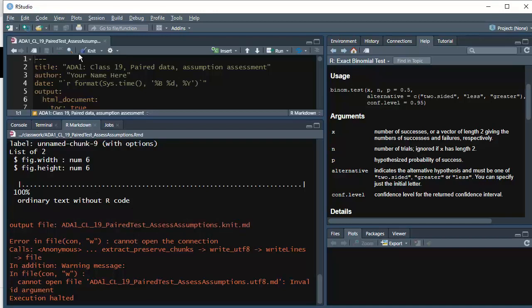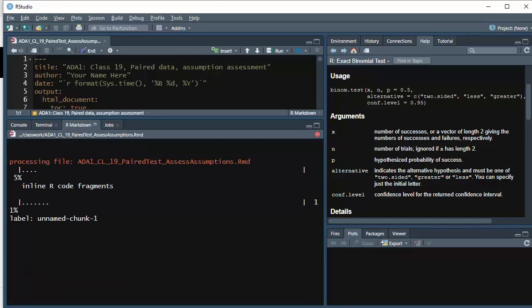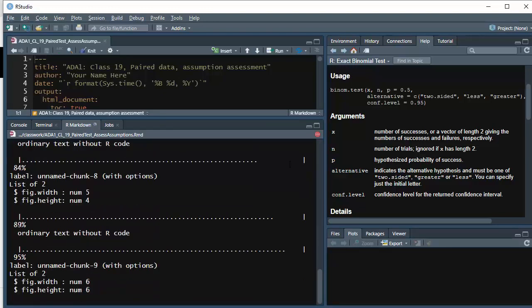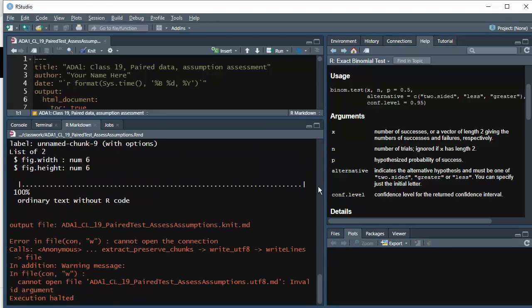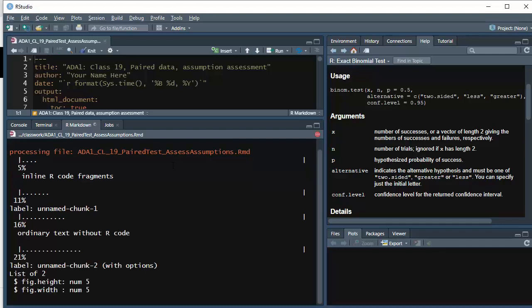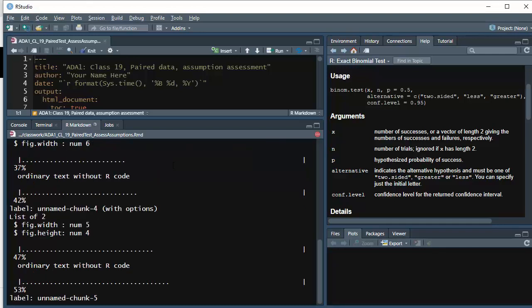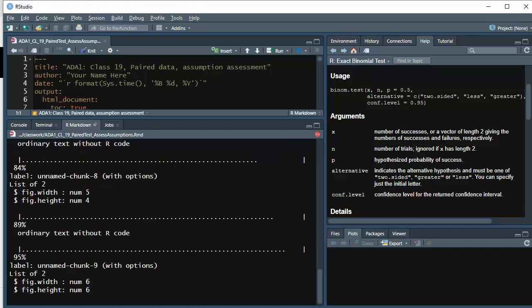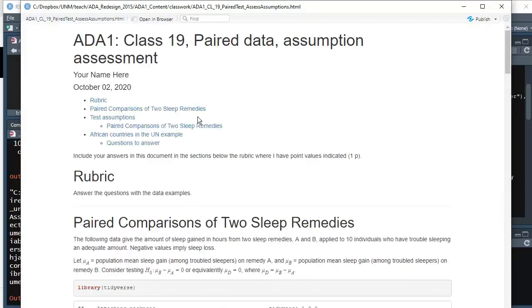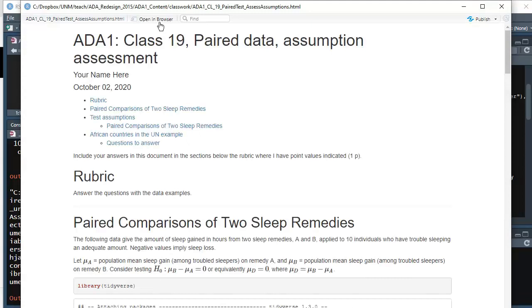And all I do is I just knit it again. And the second time it almost always works. I don't think I've ever seen it fail twice in a row. Famous last words. Let me try one more time. See? Hopefully that's just on my computer.